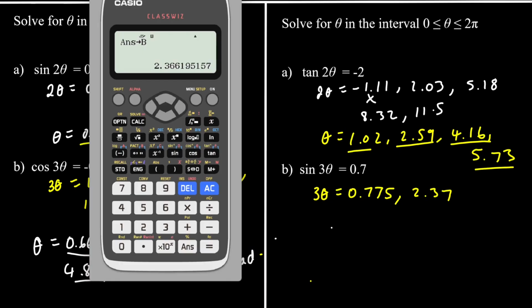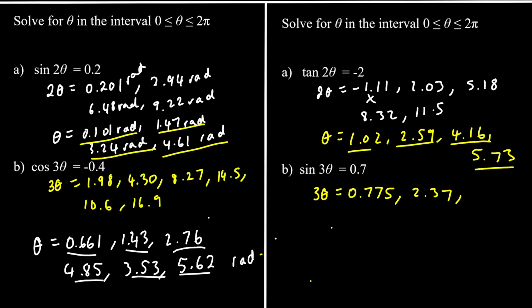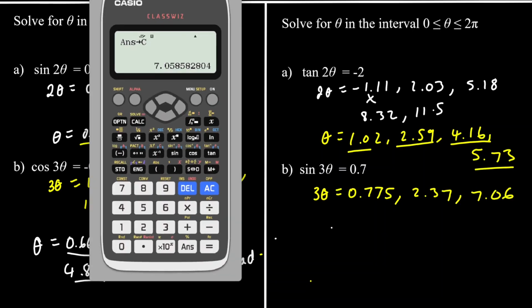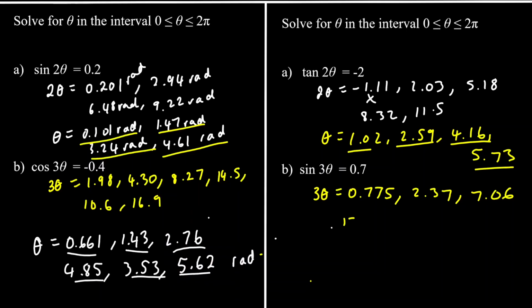Store as B. And the first answer plus 2 pi is 7.06. Store C. And then plus 2 pi again. We want to go 3 times as far because we're going to divide the answers by 3. 13.3.